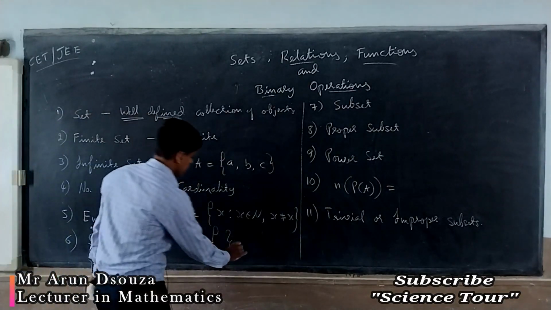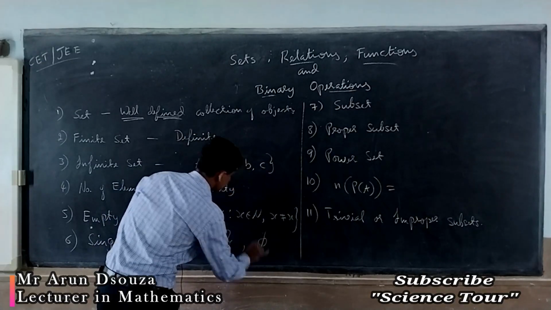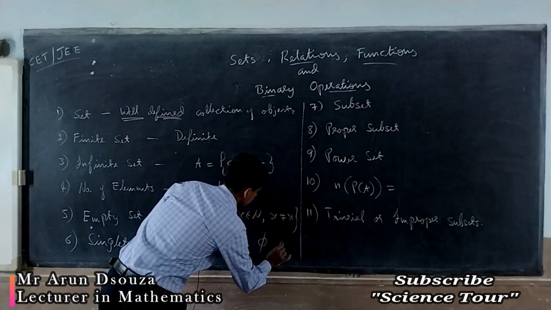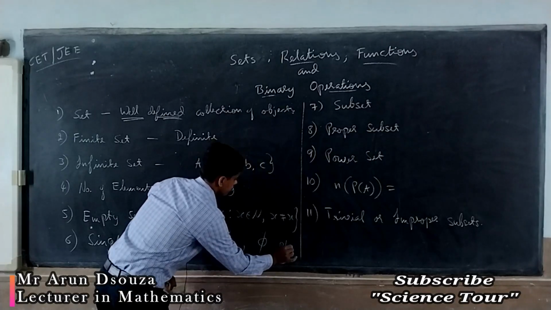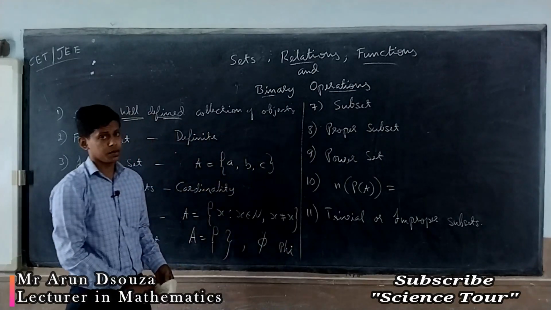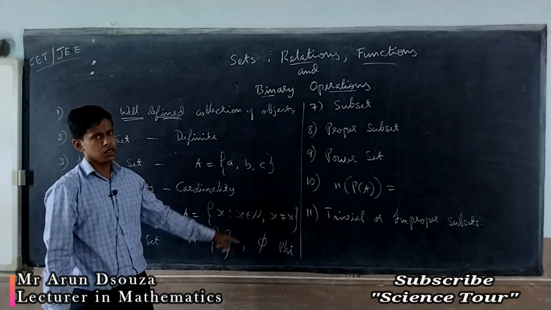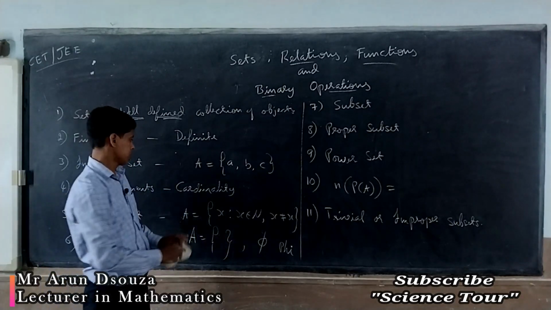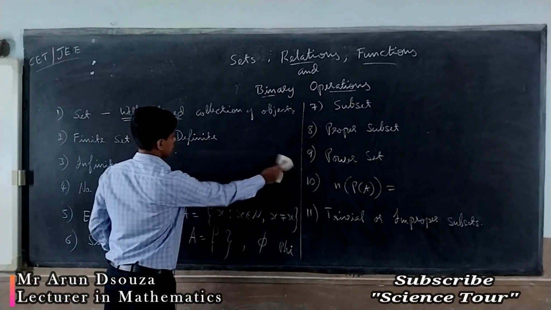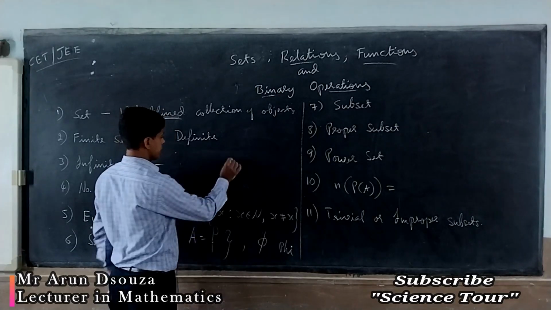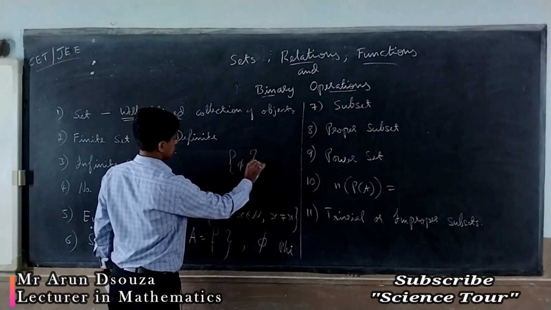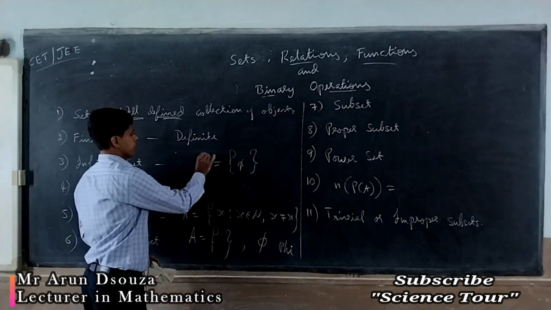That's an empty set. You have another symbol, phi. This is phi, Greek alphabet. So this is phi, or you can simply write this. Both mean the same. But don't make the mistake of writing this. This is not an empty set.